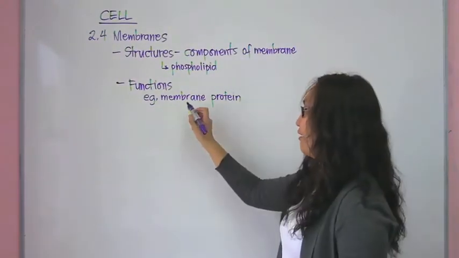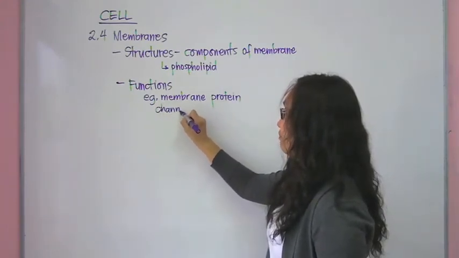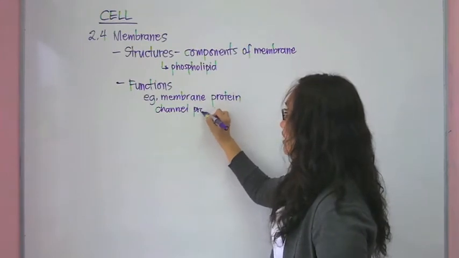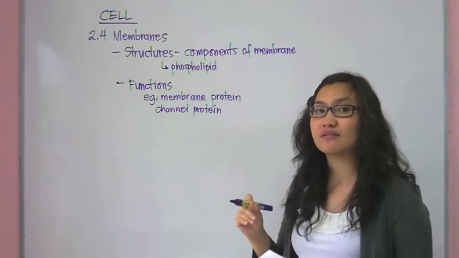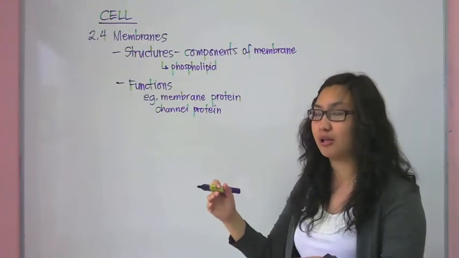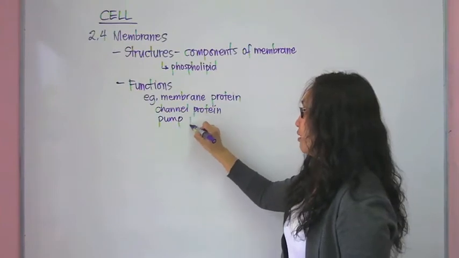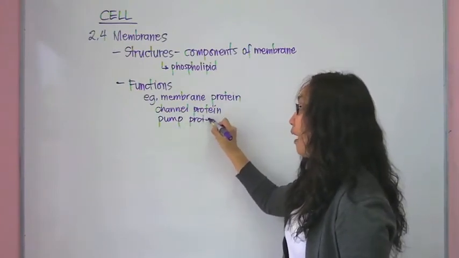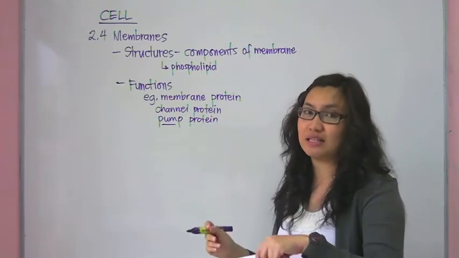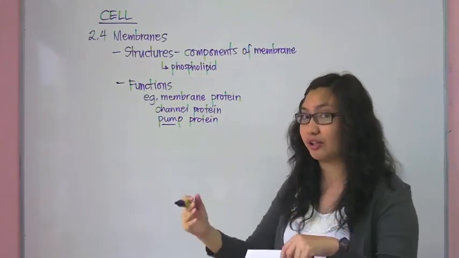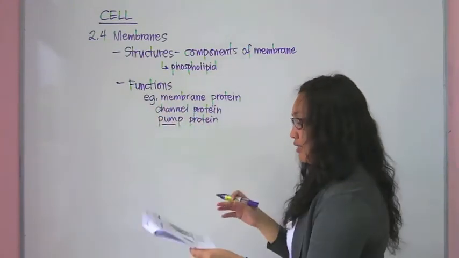For example, channel proteins allow easy diffusion of substances from a higher concentration to a lower concentration. But in the case of a pump protein, since it's called a pump, it needs energy to move substances from a lower concentration to a higher concentration. So we need to relate the structure with the function as well.